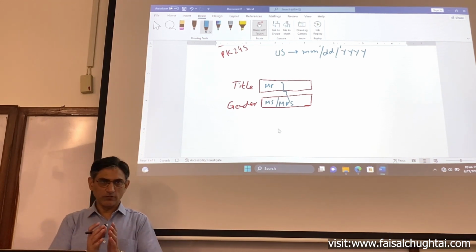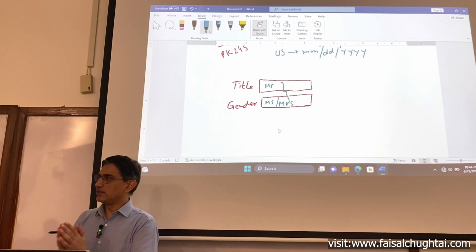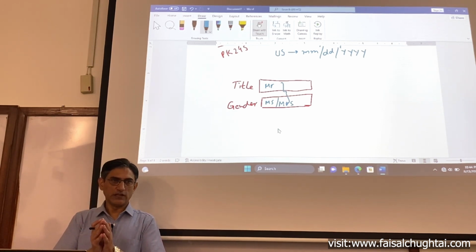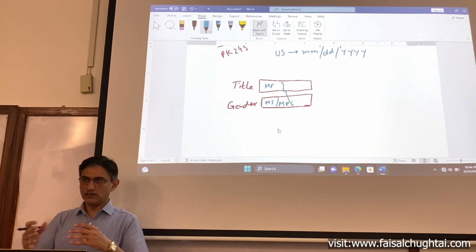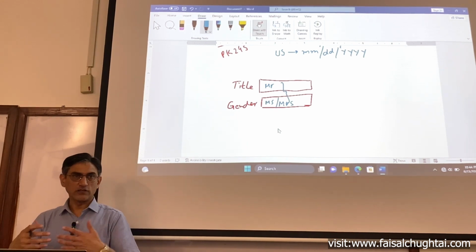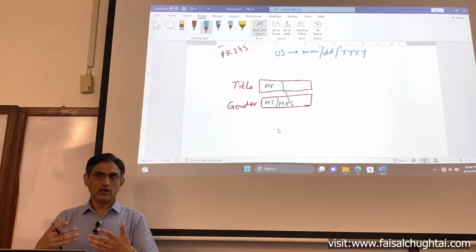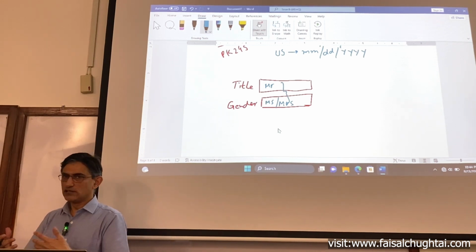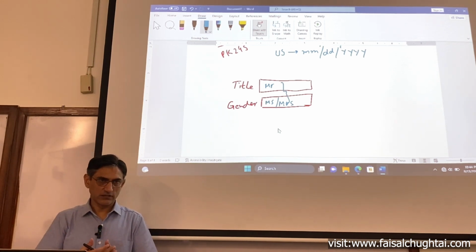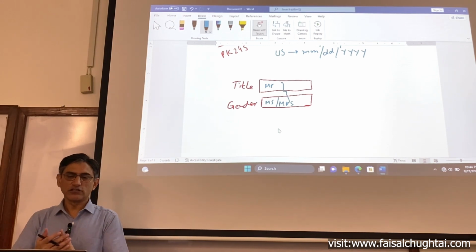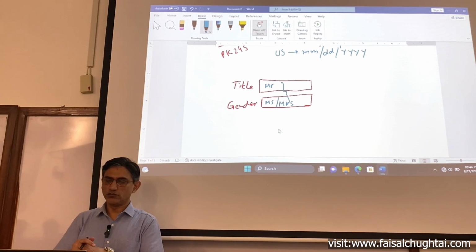If somebody makes a mistake like this, it is the consistency check that would let you know that you have made a mistake, that certain data items which are logically related in a certain context, that rule is being violated. The logical connection is not there, so it would ask you to correct it so that they become logically related again. This is what the consistency check would do.